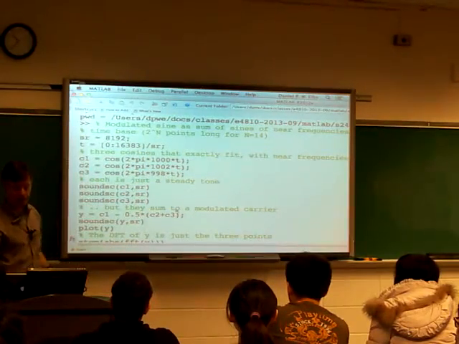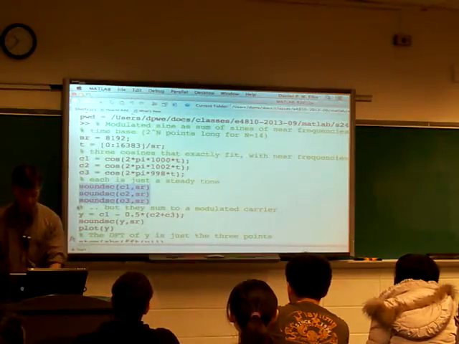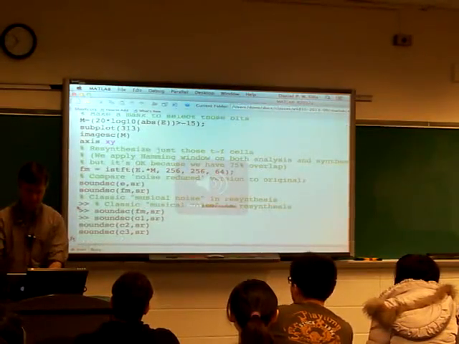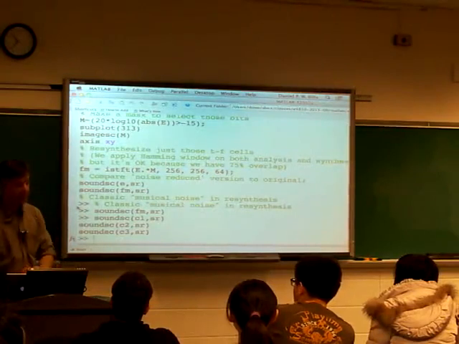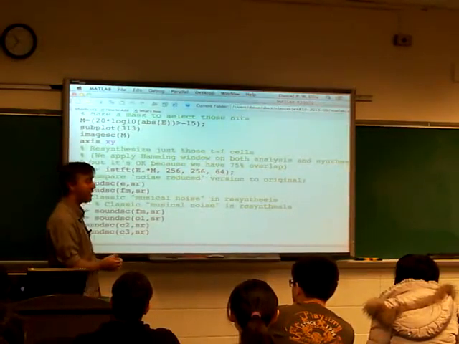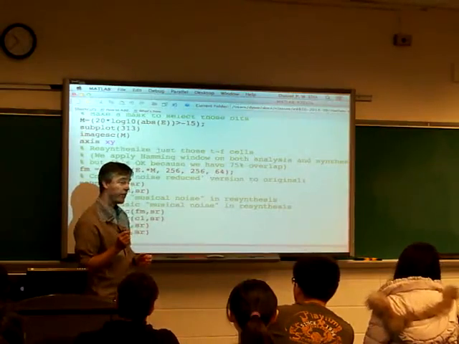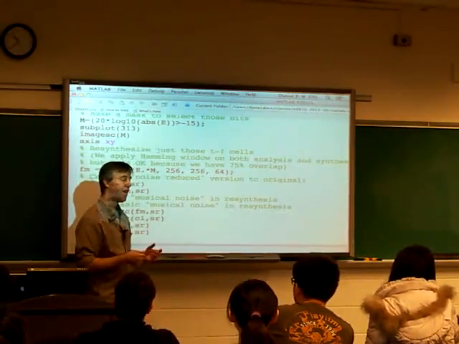If we just play those 3 sine tones, they're 3 1,000 hertz sine tones. They are 0.2% different, right? They're 2 hertz different at 1,000 hertz.